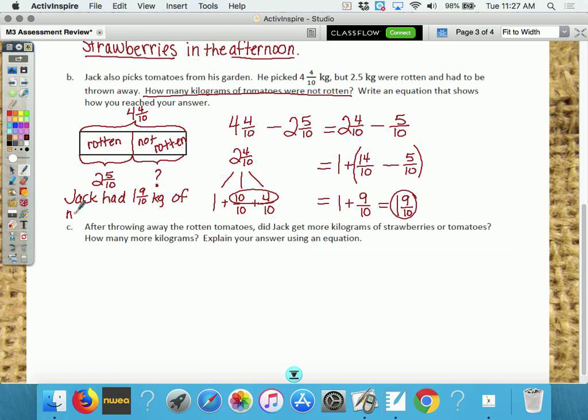Um, I don't know that I want to put not rotten. How about if I put unrotten, or how about if I put non-rotten tomatoes that were not rotten. Does that make more sense? Yeah. Maybe a little bit.